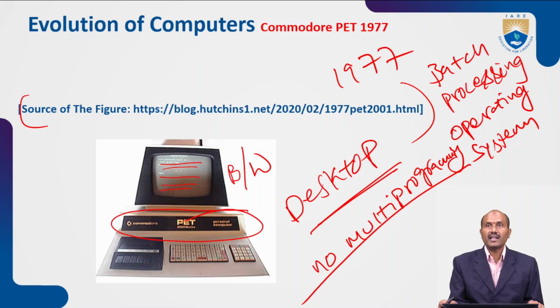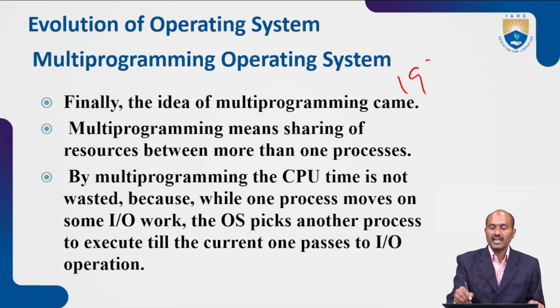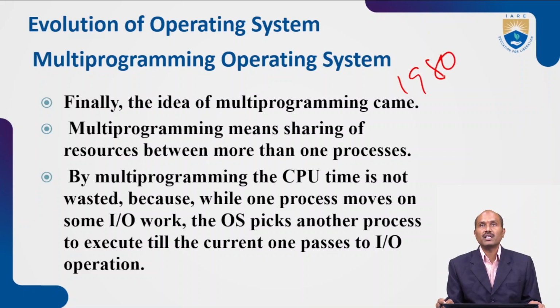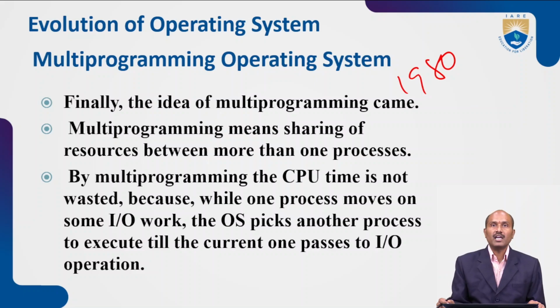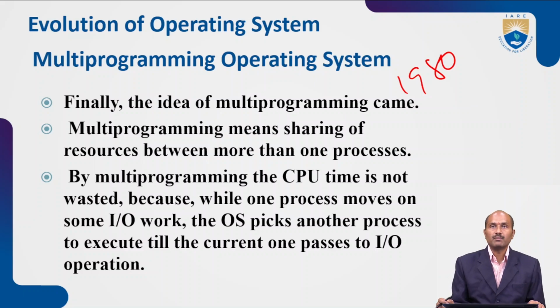So next, after 1977, around the 1980s, the multi-programming operating system came into the picture. So finally, multi-programming came. It means sharing of resources between more than one process. Multi-programming means several processes are executed at a time.